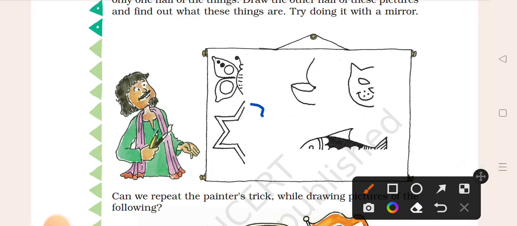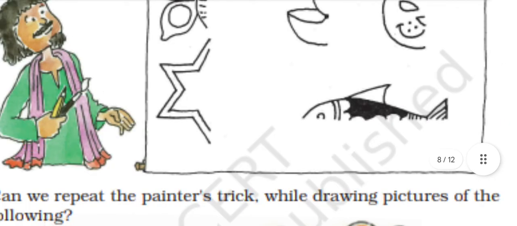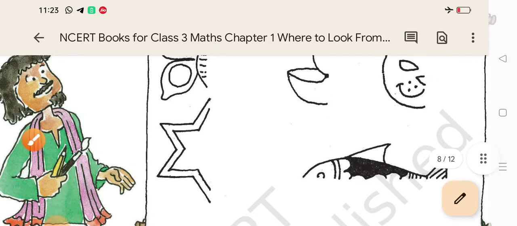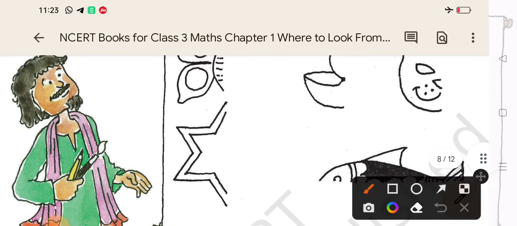Now a star. Now we will draw the star. This is how we will draw the star.